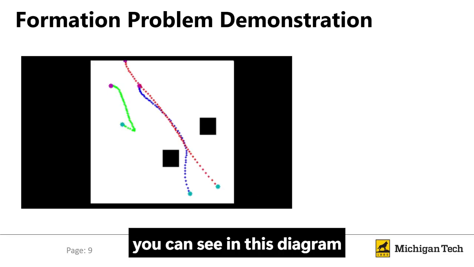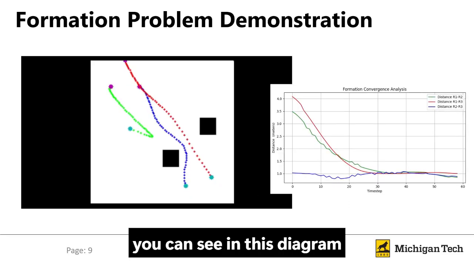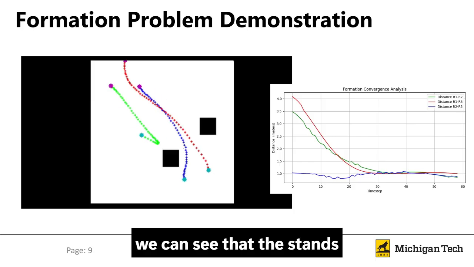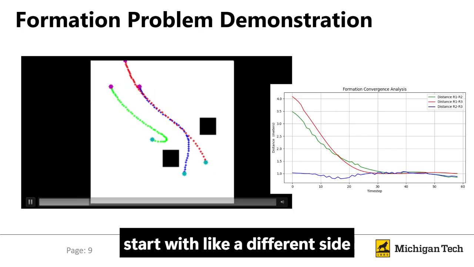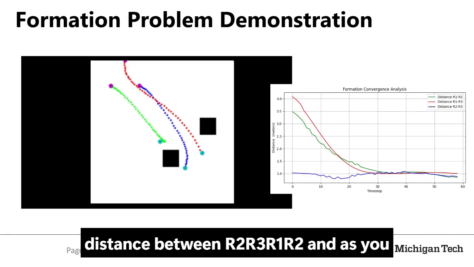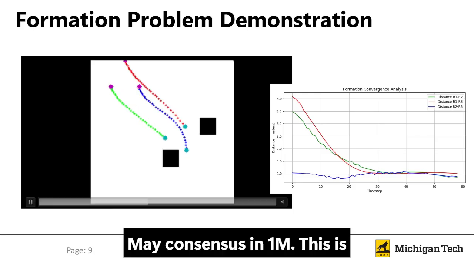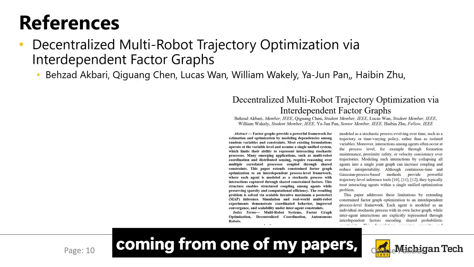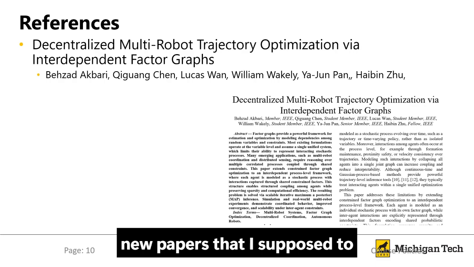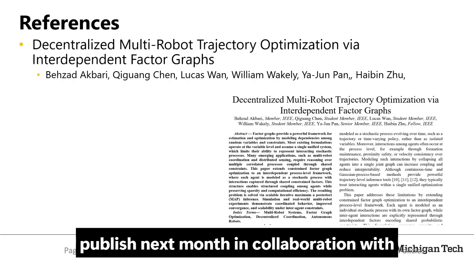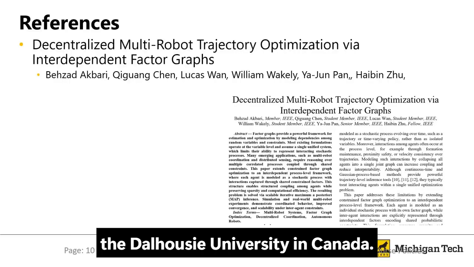And in this diagram, we can see that the distances start with different sizes between R2, R3, R1, R2. And as you can see, they all reach consensus at 1 meter. This comes from one of my new papers that I am supposed to publish next month in collaboration with Dalhousie University in Canada.